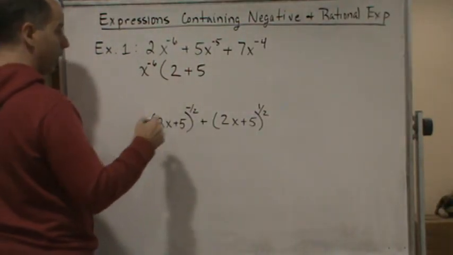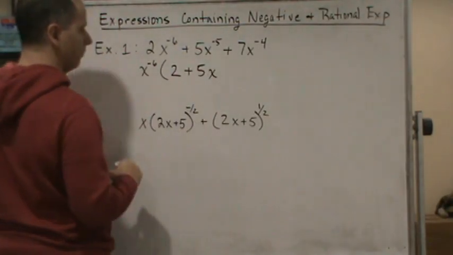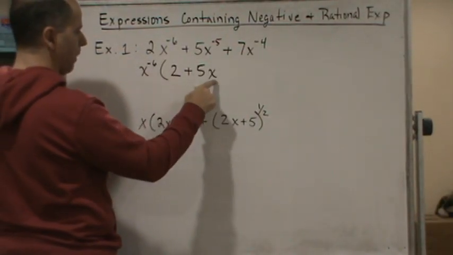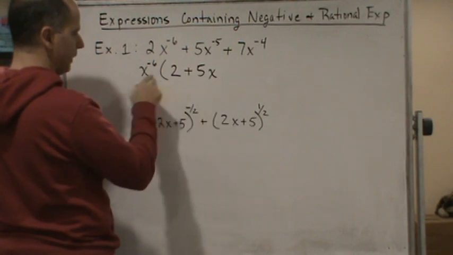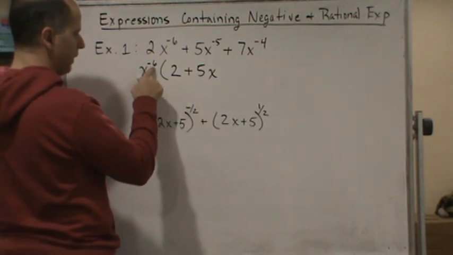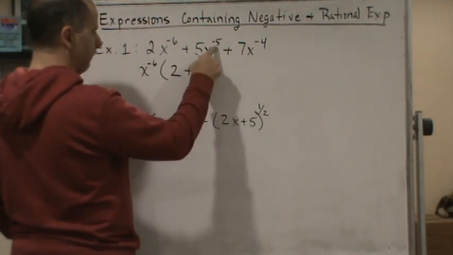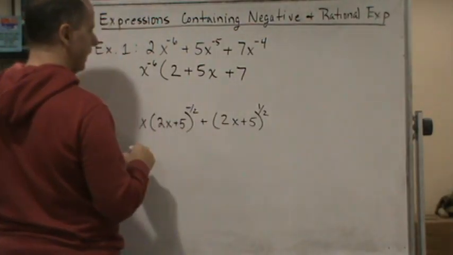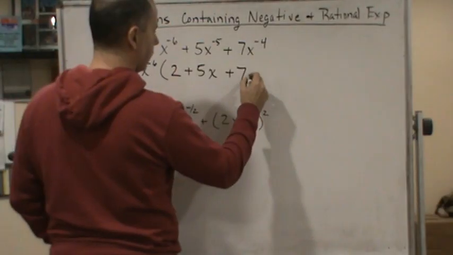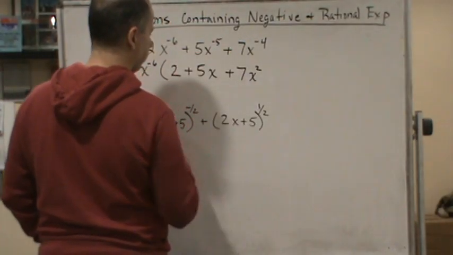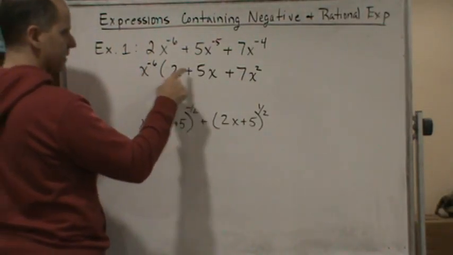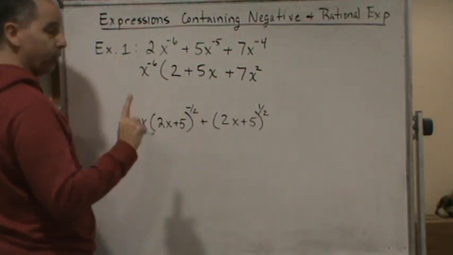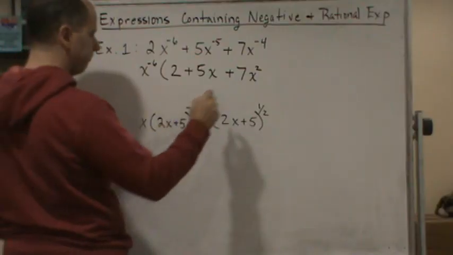Well, we would have to have an x here, x to the first, because if we multiply through, remember we add exponents when they have a common base. So negative 6 plus 1 equals a negative 5. And then finally, we have 7x squared, because negative 6 plus 2 equals 4. Okay, so remember your properties of exponents.